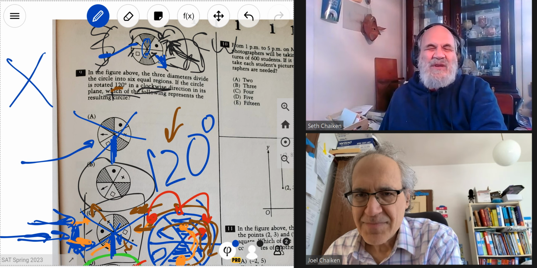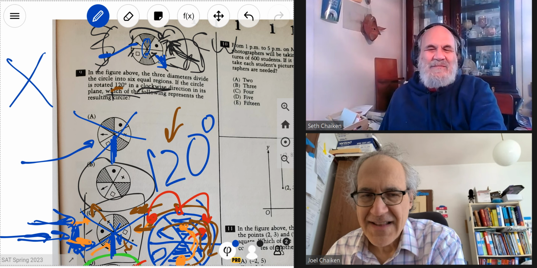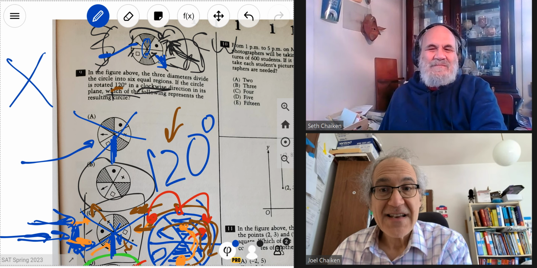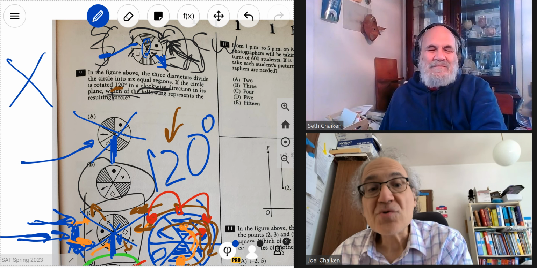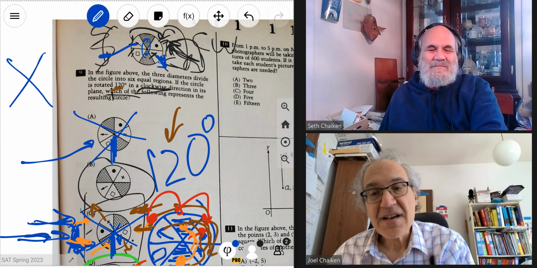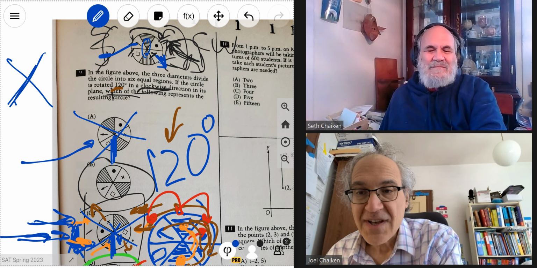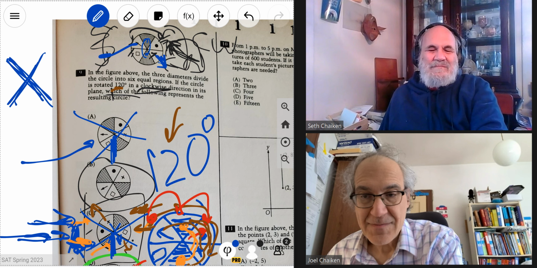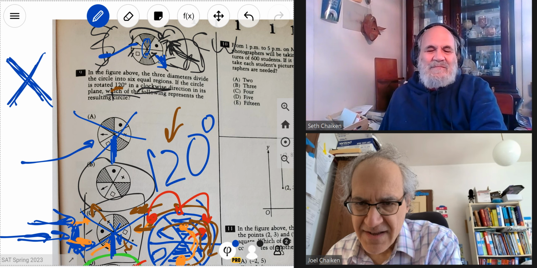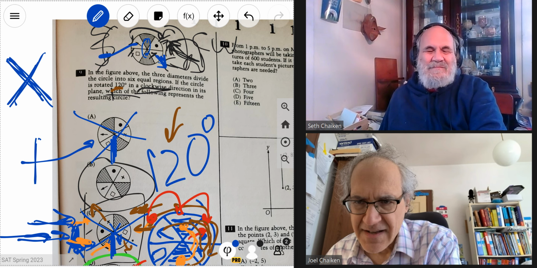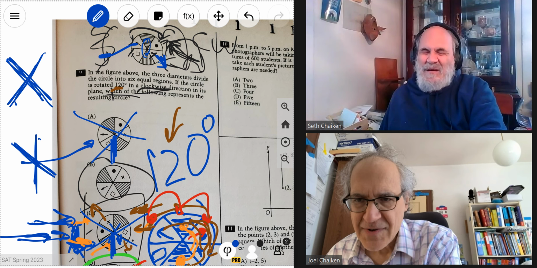Why do they have to be preserved? That's a good question. They have to be preserved because they are broken up into 60-degree sections, and it is a 360-degree circle. So the location of these lines has to be preserved. If you change these lines to look like this, then that can't be right.